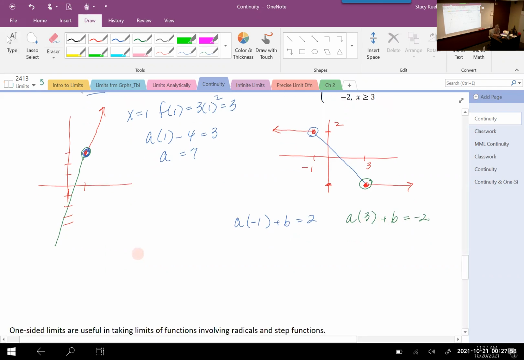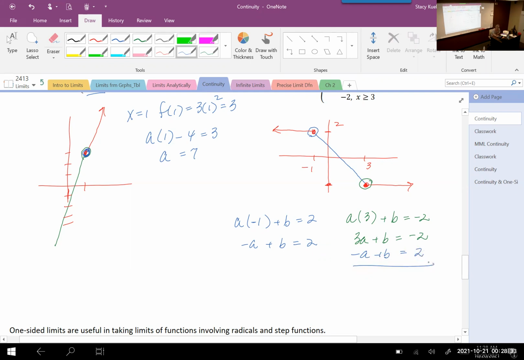Now I've got 2 equations with 2 unknowns, right? All right, so I'm going to simplify these. I end up with 3a plus b is equal to -2. This one I have -a plus b is equal to 2. Now you have 2 ways to solve a system of equations. You can either use substitution, or I can use addition or elimination, right?